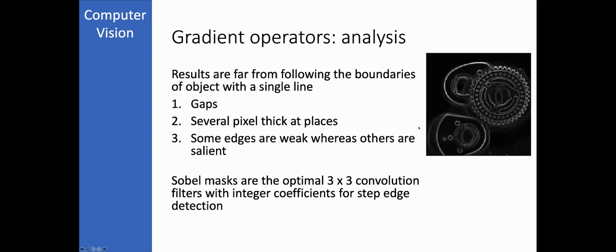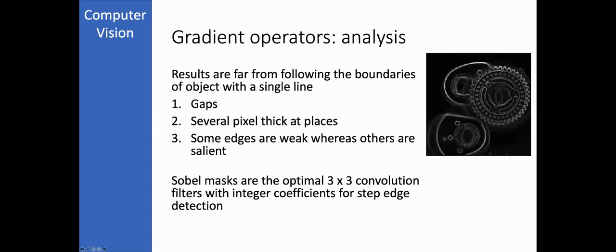Although it's nice, the result of the gradient magnitude is far from perfect. In the ideal case, what we would like is a one-pixel-thick edge around the object without any gaps that clearly identifies the object. But here we have gaps. For example, if you look at here, you see that the boundaries are not there. We have several pixels thick at places. Here, there are a lot of pixels that are identified as edges.